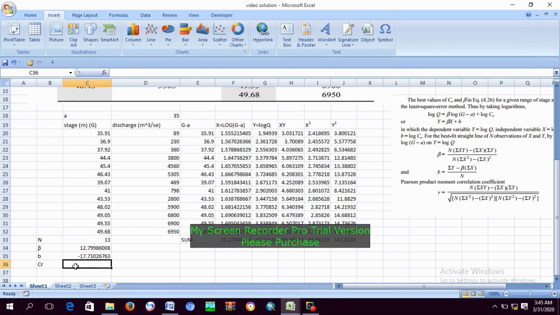And c is equal to the anti-logarithm of this value, then it is equal to 10 to the power of this value.